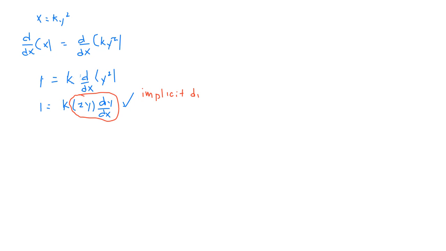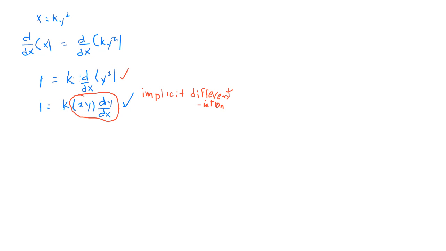But implicit differentiation is based off of really the chain rule, because we know that y implicitly is a function of x. So if we take the derivative of y squared with respect to x, well, the outer function is y squared.